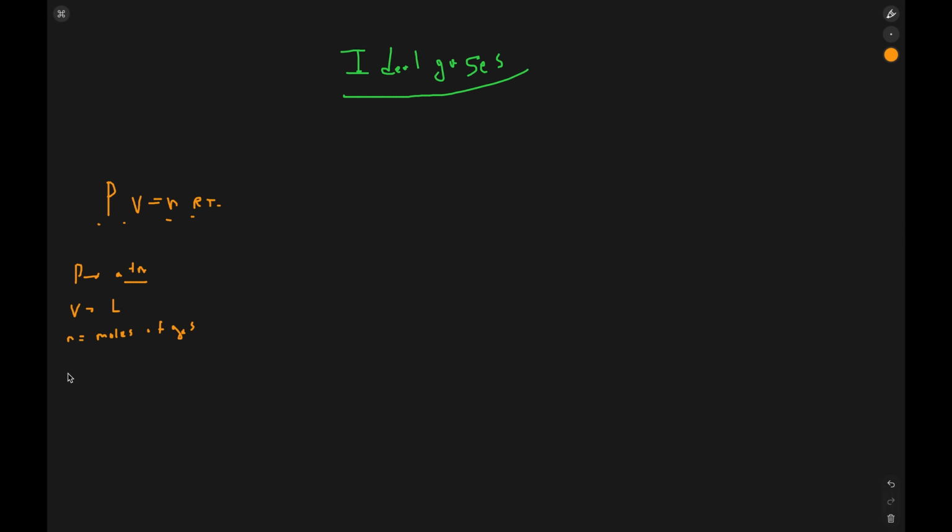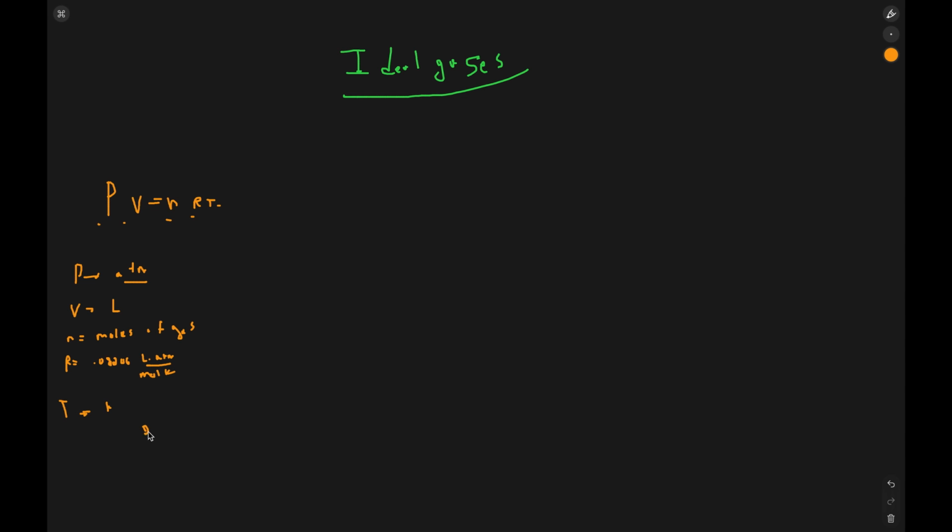Now, R is a constant, which equals 0.08206 liters atmosphere over moles Kelvin. And T is the temperature in Kelvin. And how do you get Kelvin?